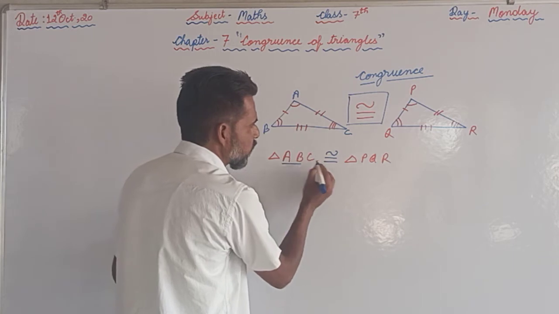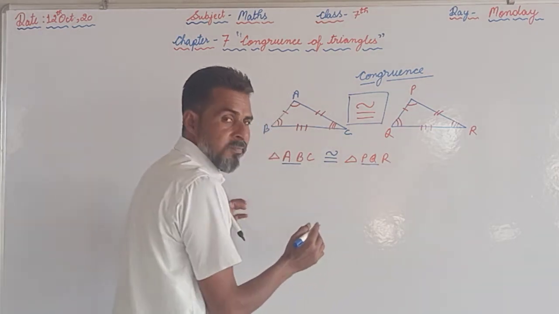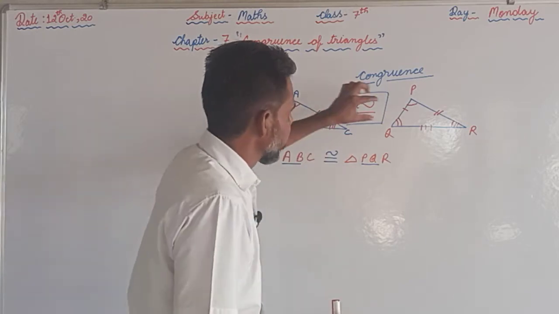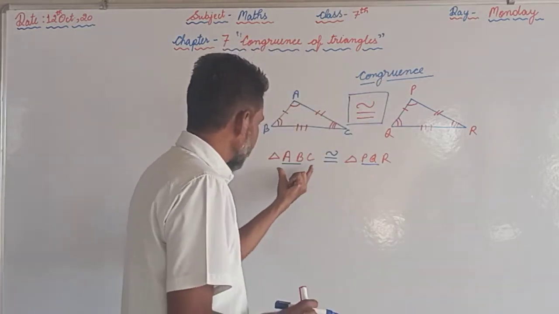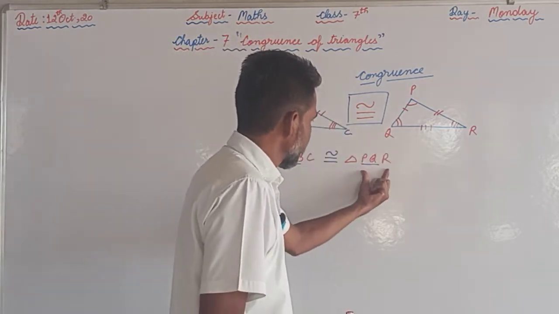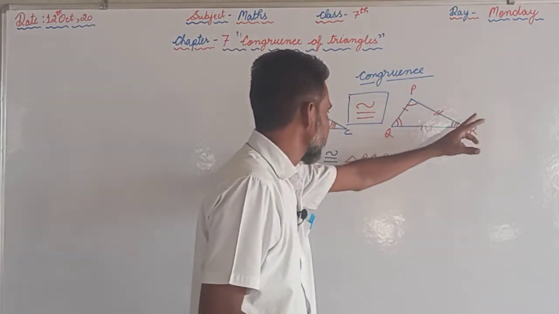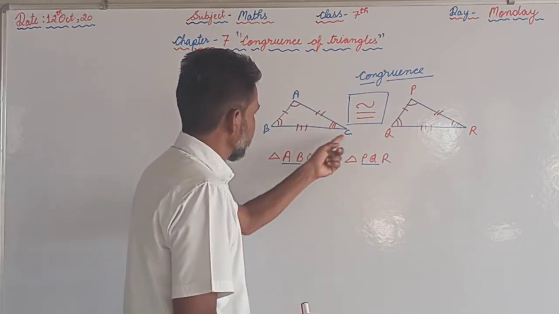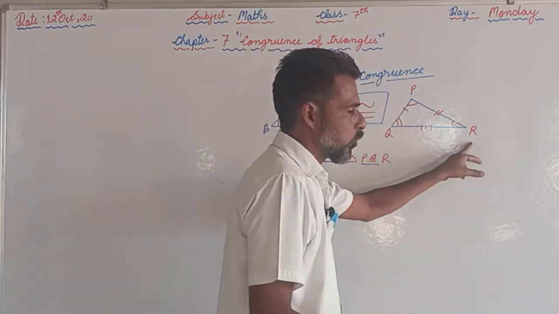If we take the first two from here, we take the first two from here as well, means AB is equal to PQ. Then first and last, AC is equal to first and last here, PR. Then the last two, BC is equal to QR.